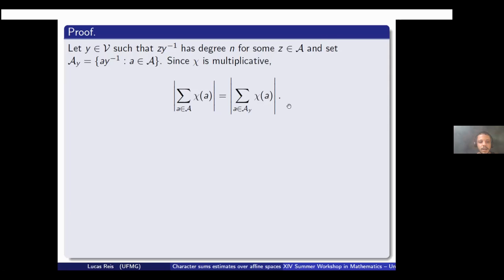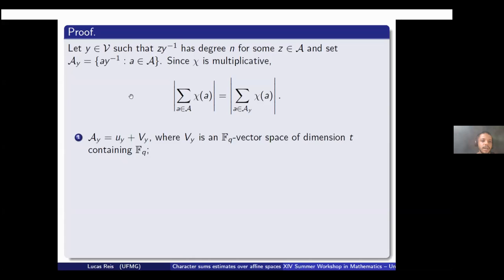But now this affine space AY is very interesting. Well, I can write AY as U_Y plus V_Y, right? So it's just A is U plus V, so I'm just dividing U and V by Y. So Y inverse times V is a vector space that contains the element 1. And since this is a vector space, it also contains the whole base field FQ.